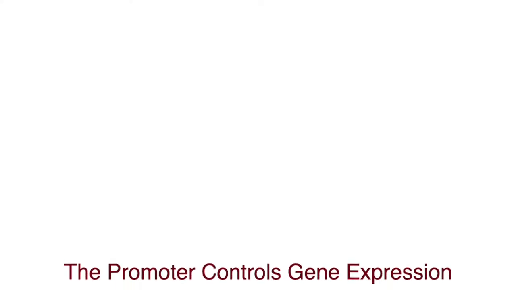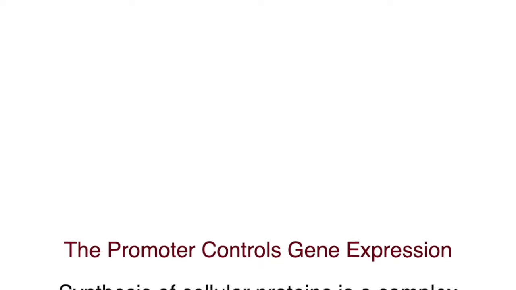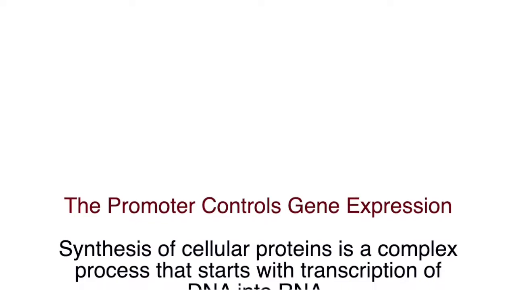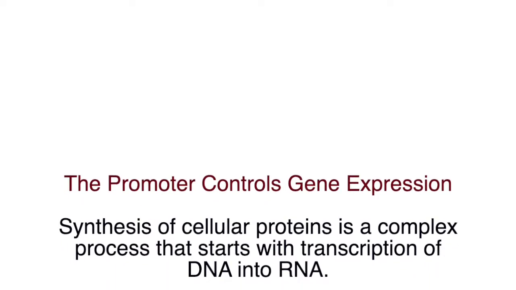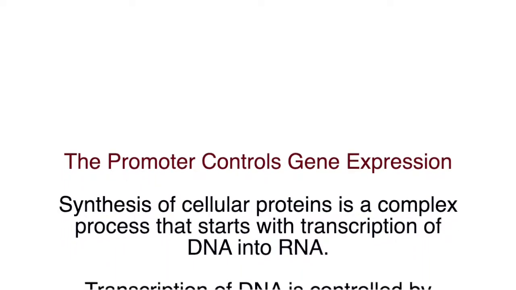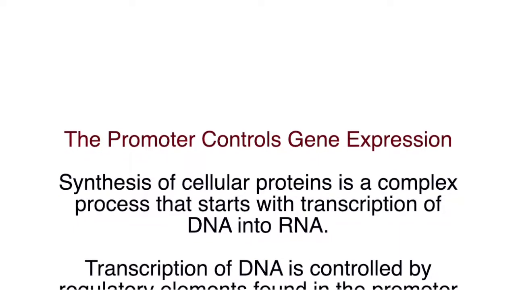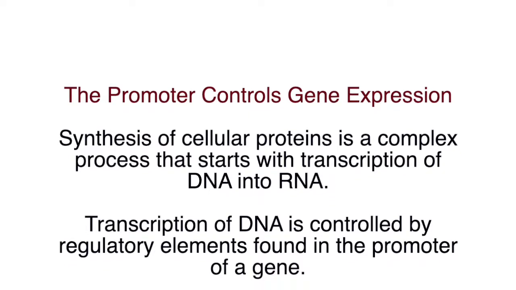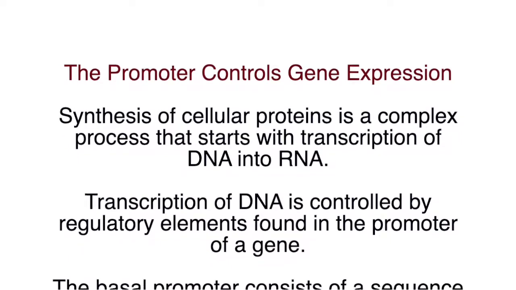The promoter controls gene expression. Synthesis of cellular proteins is a complex process that starts with transcription of DNA into RNA. Transcription of DNA is controlled by regulatory elements found in the promoter of a gene.